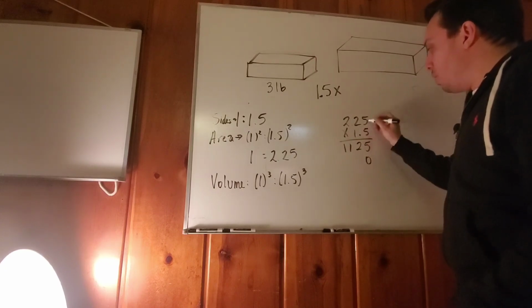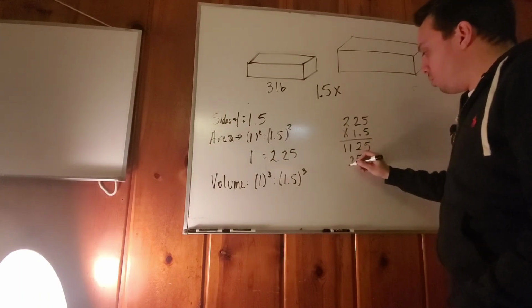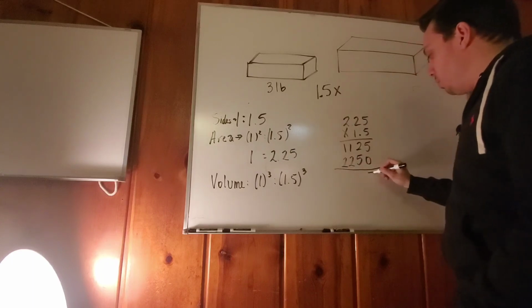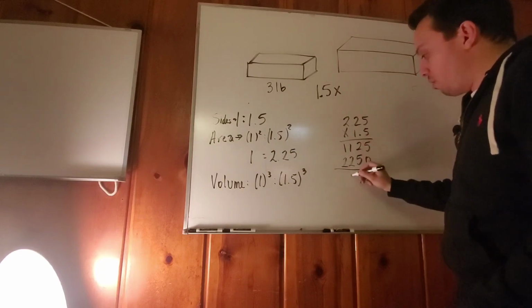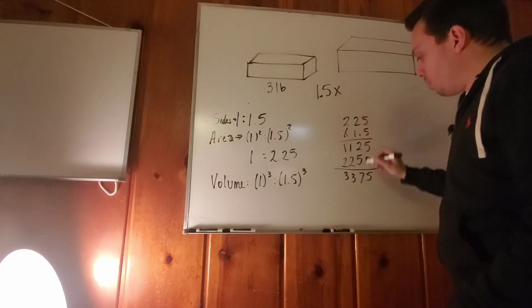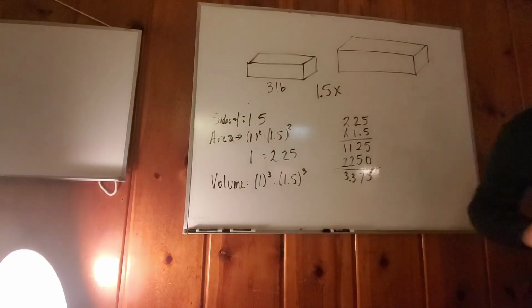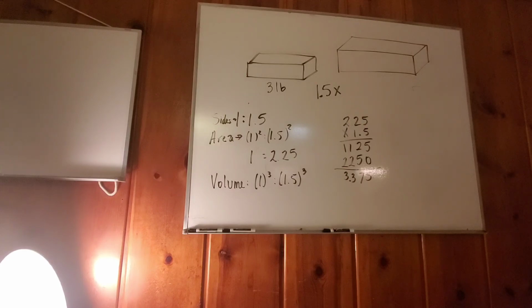And then a 0, and then 1 and 5 is 5, 2, 2. So we're going to have 5, 7, 3, 3. How many decimal numbers? 3 decimal numbers. So it'd be 3.375 times bigger.